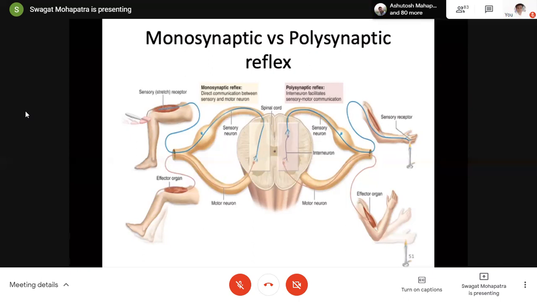monosynaptic reflex is much faster than the polysynaptic reflex. Like we discussed about the different nerve fibers, A alpha, A beta, A gamma, A delta. So everything could have been achieved at 120 meters per second. Then why has God given that your pain reflexes will move in type C?